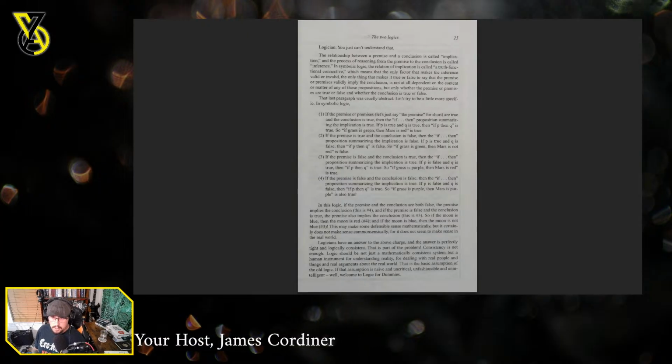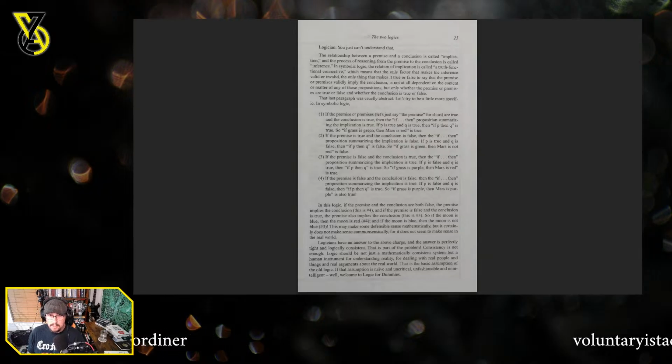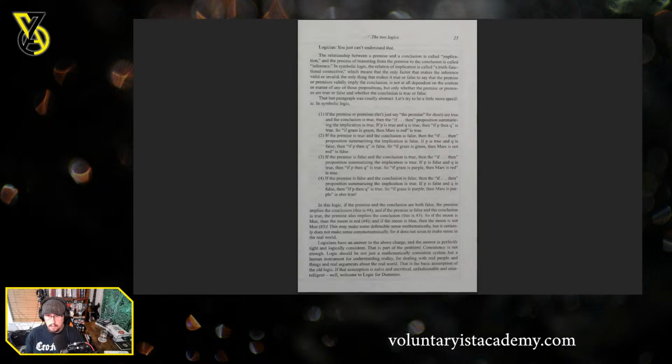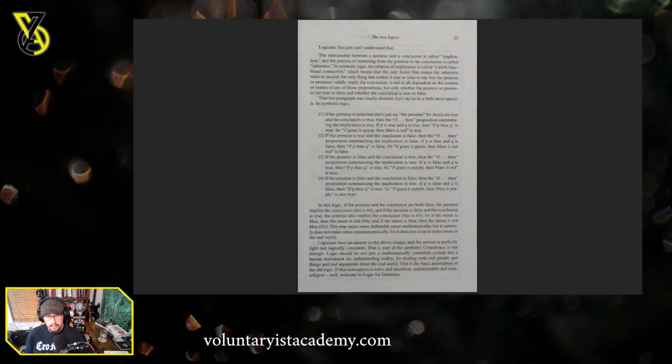In symbolic logic, the relation of implication is called a truth-functional connective, which means that the only factor that makes the inference valid or invalid, the only thing that makes it true or false to say that the premise or premises validly imply the conclusion, is not at all dependent on the content or matter of any of these propositions, but only whether the premise or premises are true or false, and whether the conclusion is true or false.